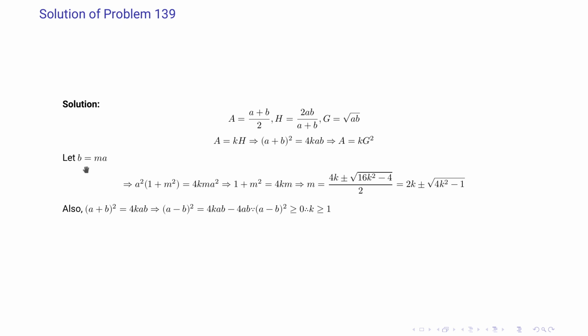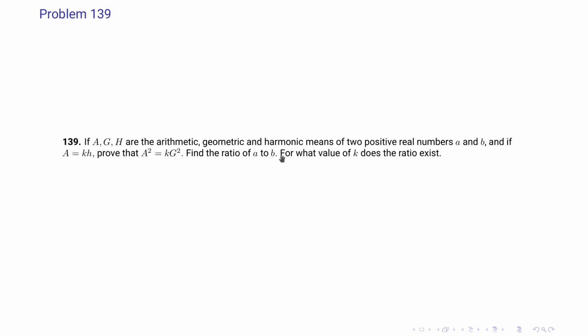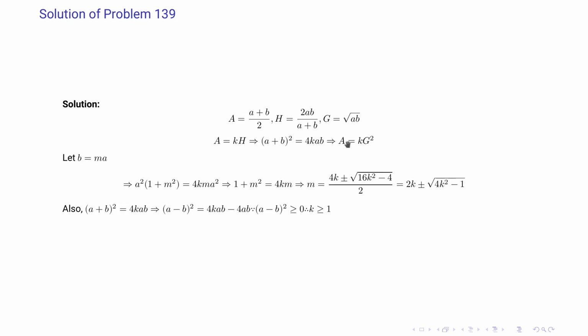Now we let b to be m into a. Then we substitute over here. This should be A squared, not A, because ((a plus b) by 2) whole square is equal to A squared, as stated here. It is a typo.